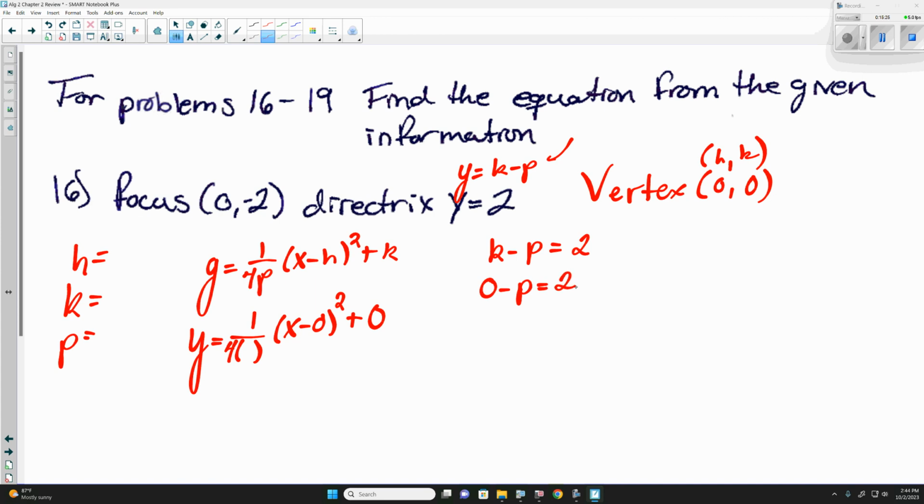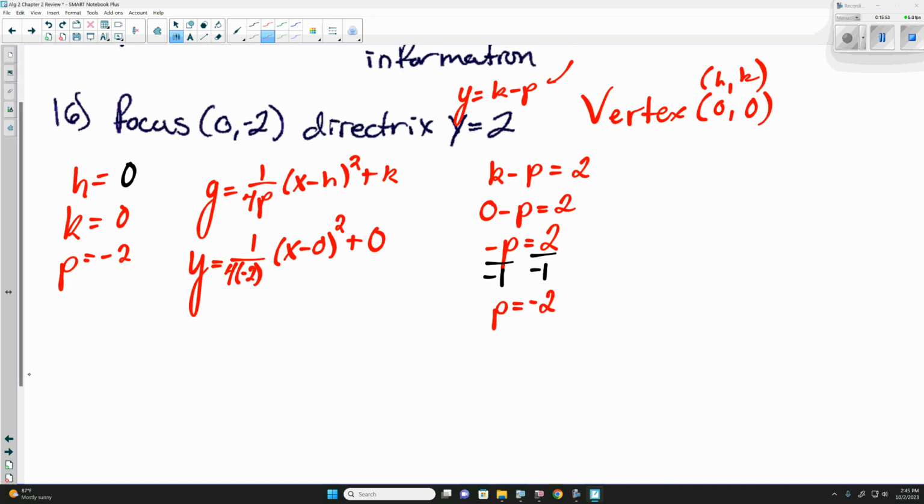So we're saying 0 minus p is 2, or that negative p is 2. Divide both sides by negative 1. Well, negative p divided by negative 1 is positive p. 2 divided by negative 1 is? Yes, we could have also multiplied by negative 1 and got the same thing.